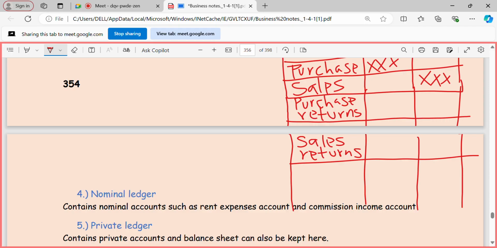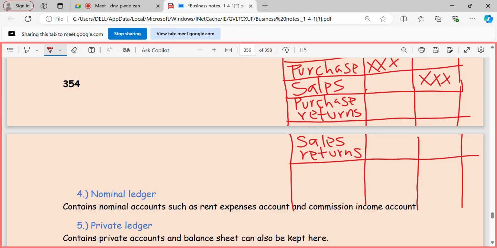So let me add what is now called purchase returns. It's not the same as the other one. Purchase returns, and let me add another one, sales returns. They have synonyms too; I'll tell you the other names of them.